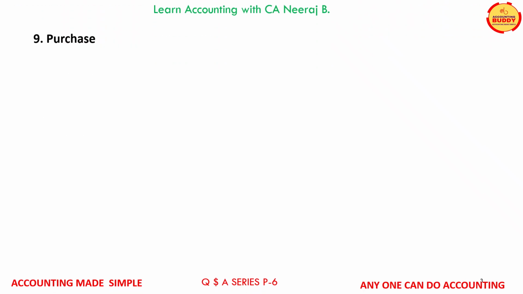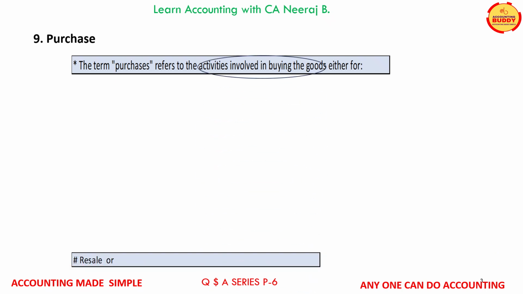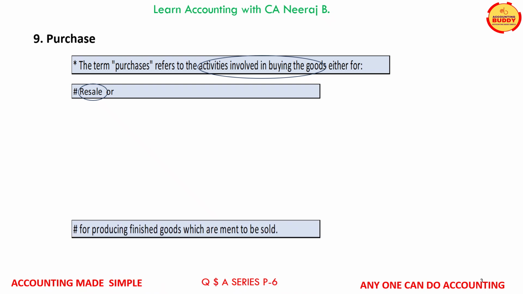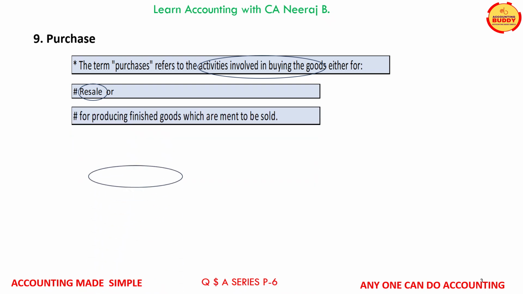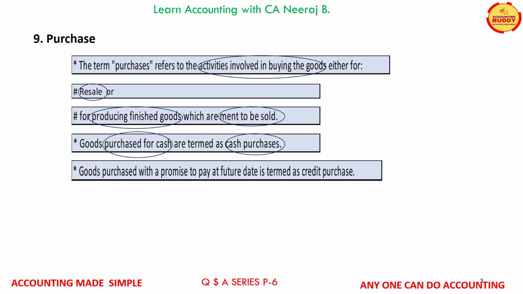Term number 9 which we are going to learn now is the term purchase. Purchase refers to the activities involved in buying the goods either for resale or for producing or processing finished goods which are meant to be sold. Now the goods purchased for cash are treated as cash purchases and the goods purchased with a promise to pay at a future date are called credit purchases.